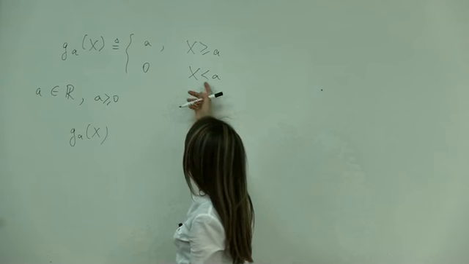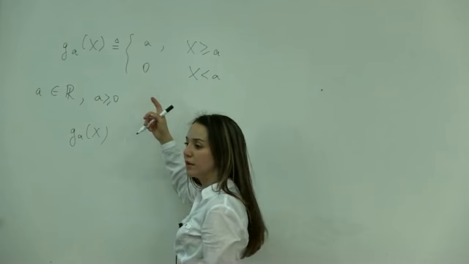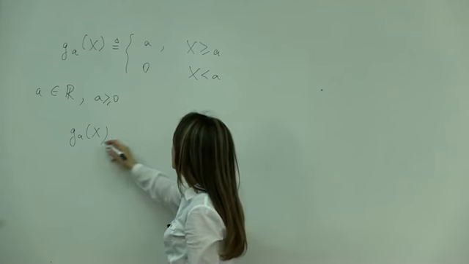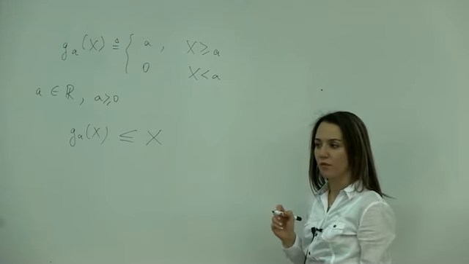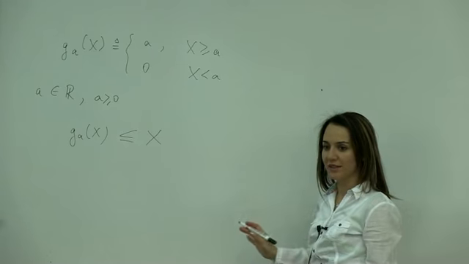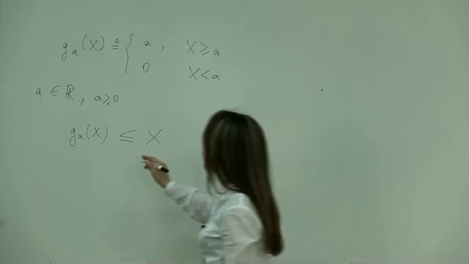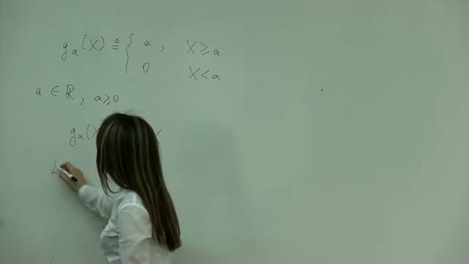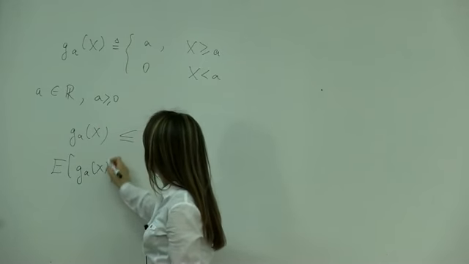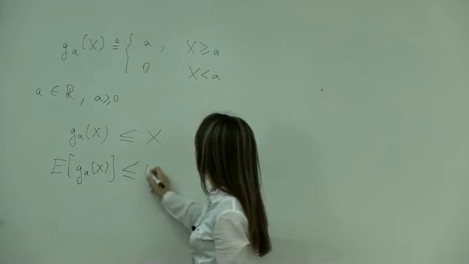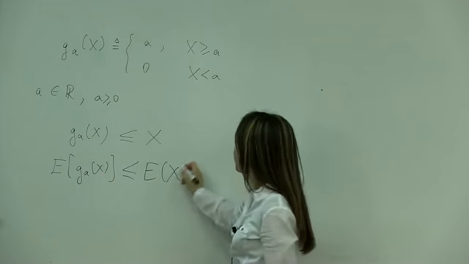If x is lower than a, g is set to 0. So g is always less than or equal to x. Do you agree? Does everybody agree? Okay. So I can also then say that the expectation of g is less than or equal to the expectation of x.